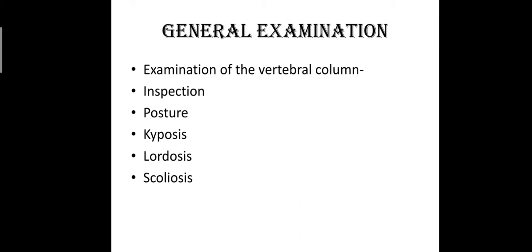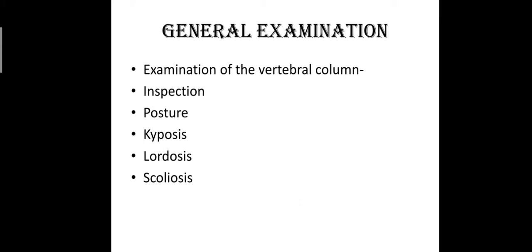Scoliosis is lateral curvature of the spine. Causes could be congenital, postural, paralytic, compensatory, in case of leg shortening, local bone diseases like tuberculosis, tumors, or idiopathic. The commonest cause of scoliosis is idiopathic.